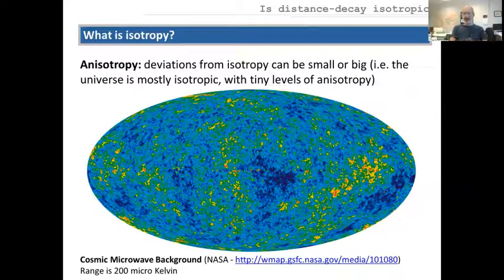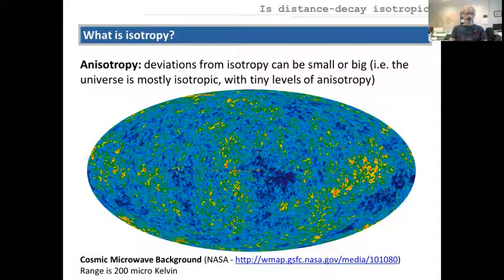As you see, as a macroecologist, I couldn't resist the opportunity to show the biggest scale possible. This is a map of the universe, and the universe is said to be isotropic even if there are tiny levels of anisotropy.